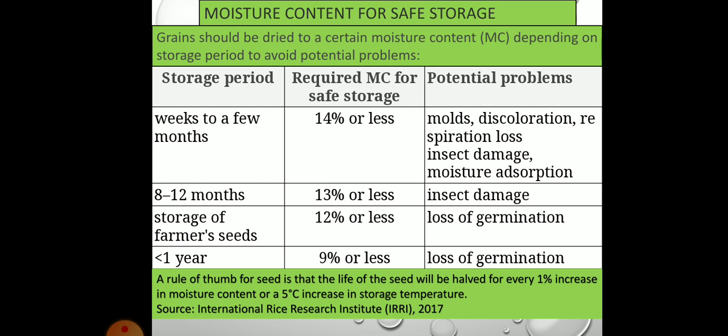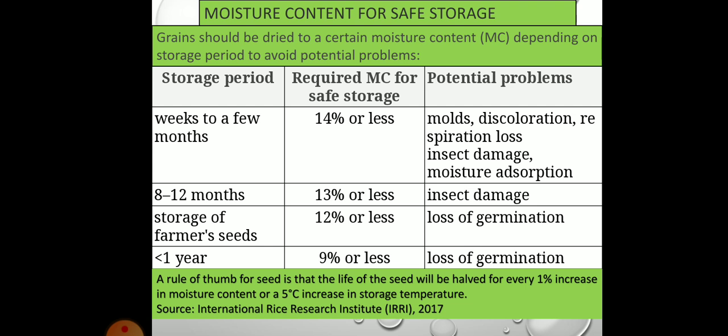Okay. We have here a rule of thumb, where we'll discuss the restrictions in consideration of the temperature and moisture content of the seed before storing. A rule of thumb is that the life of the seed will be halved for every 1% increase of moisture content and every 5% increase in room storage temperature.